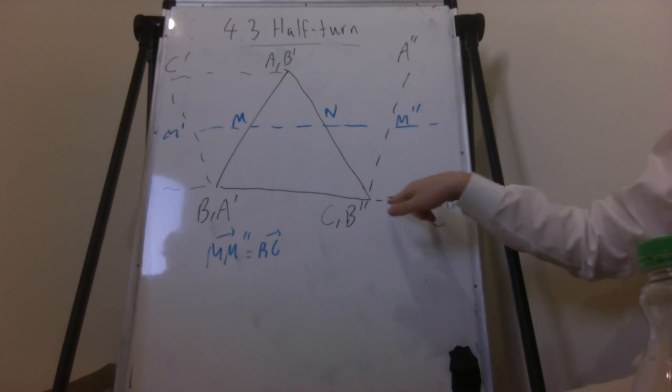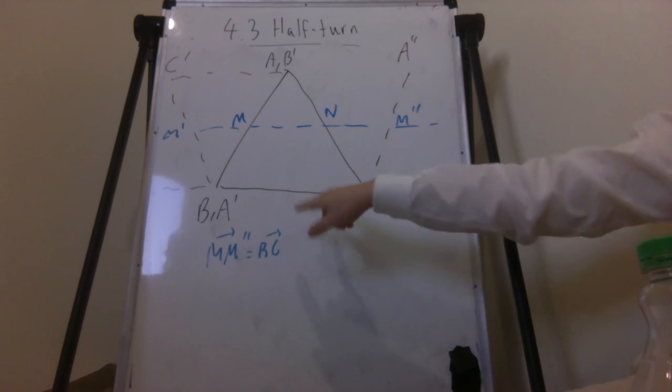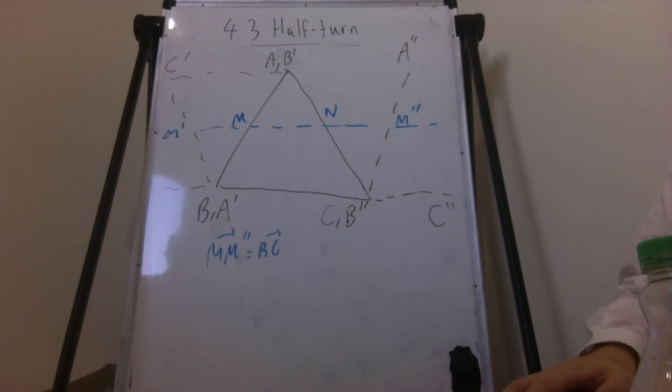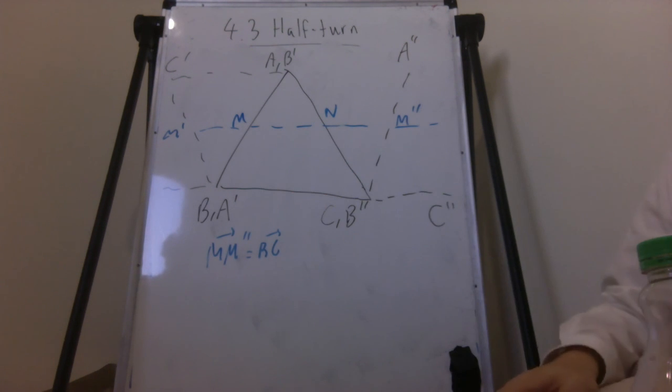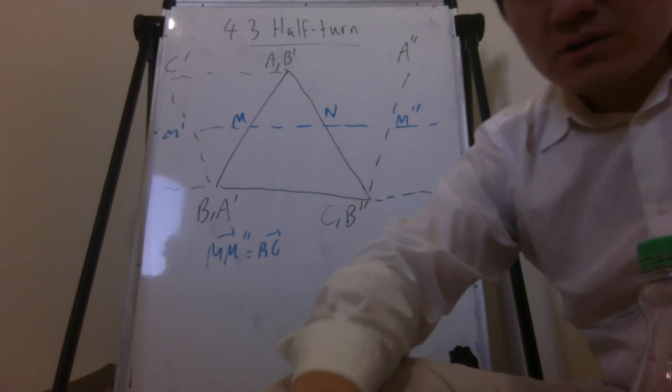And it should have the same distance, right? As BC. Okay, so they all end up at the right places. So it's a translation by 2MM, or by BC in this case. Okay? Any questions?